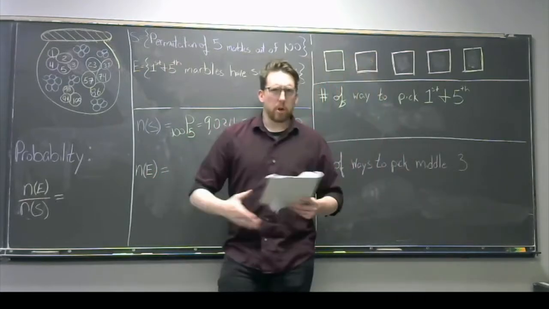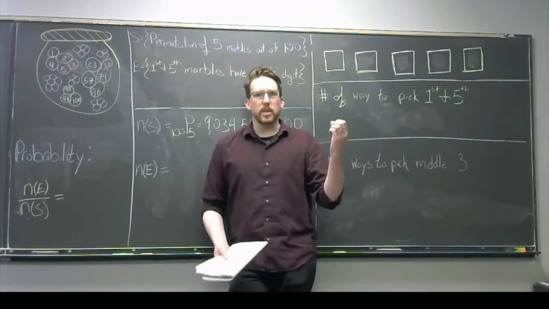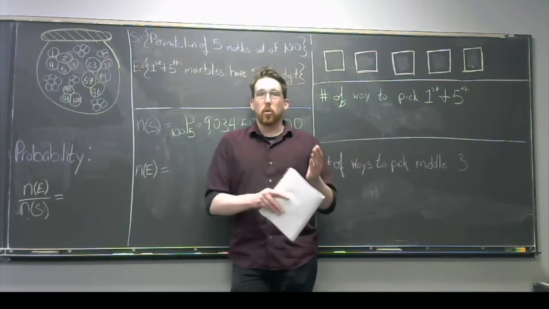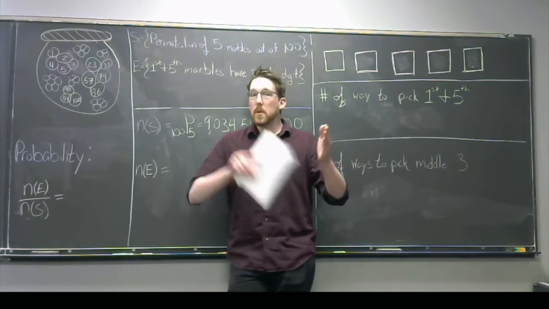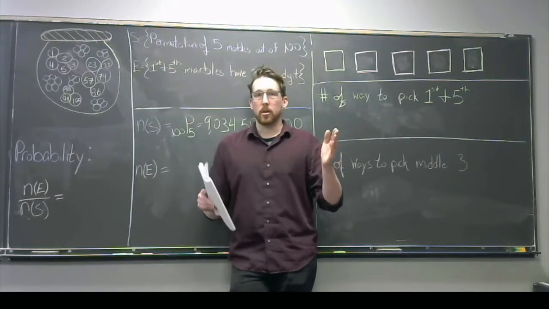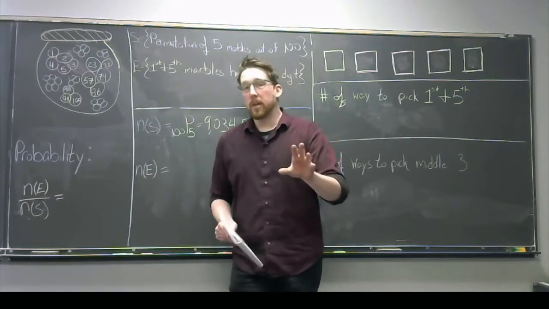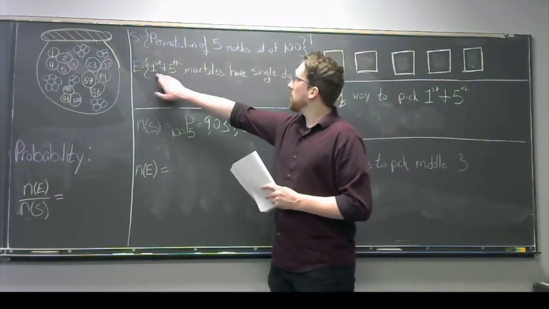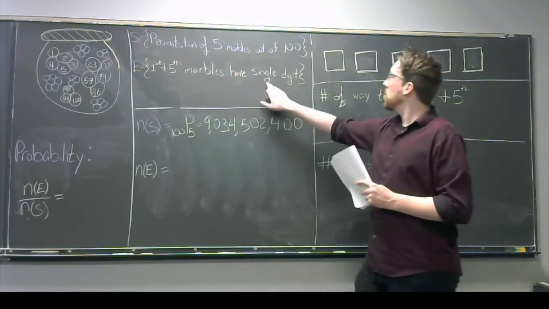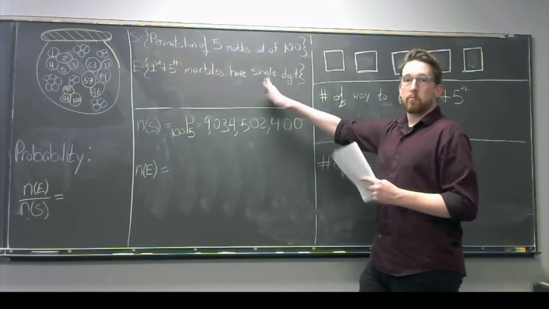That's pretty obvious, right? We're pulling out 5 marbles out of 100. There's going to be 100 pick 5 possible ways to do this. The event we're interested in is the event such that the first and the fifth marble have only 1 digit on them.